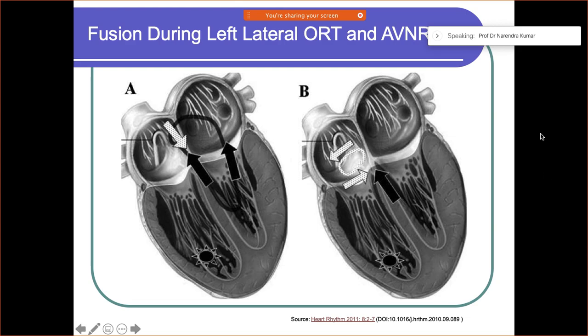This is the first beat of stable morphology during ventricular overdrive pacing in a patient with ORT and a left lateral accessory pathway in the first figure, and AVNRT in the second figure. The stable collision point with a left lateral accessory pathway is above the His bundle and results in a fully paced QRS morphology because the pathway is far from the pacing site.